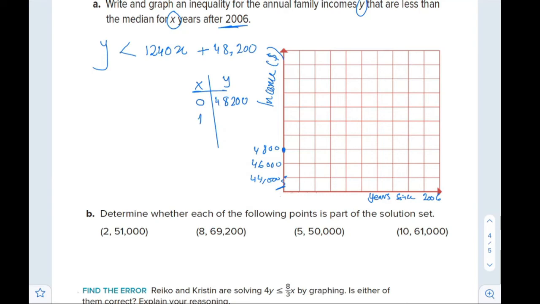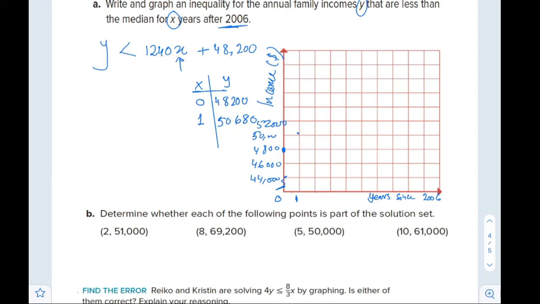Then when x is 1, you replace x by 1: 1,240 times 1 plus 48,200, it will be 50,680. If you continue labeling here, this will be 50,000 and this will be 52,000. So it will be somewhere here, 50 something. This is year 0, and this is year 1. So year 1 will be paired with 50 point something, very near here.